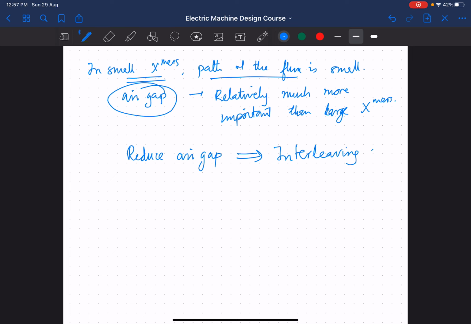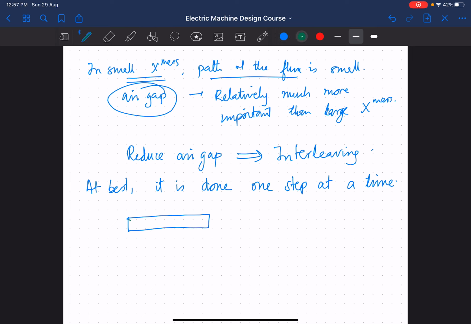Okay, so at best it is done one step at a time. Right, you have one section, then you place another section on top of it, right?